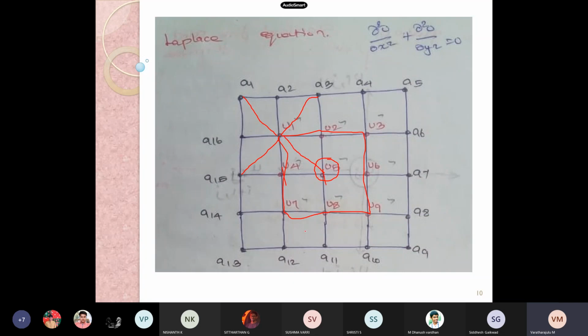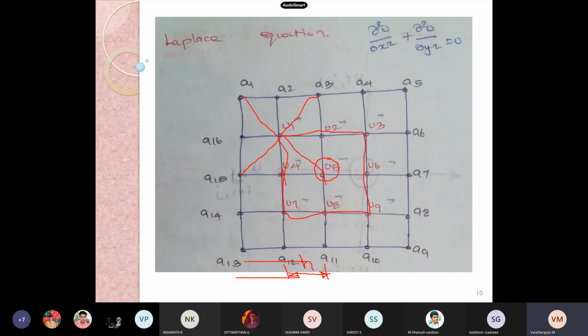Usually H is associated with the x-axis and K with the y direction, the difference between one boundary and another. Here H is equal to 1, and with a difference of one we cannot find the value of U5, so we have no other option, we need to take H equal to 2.